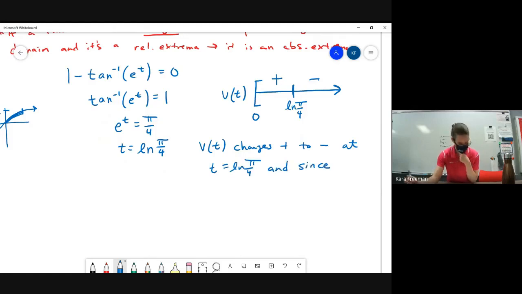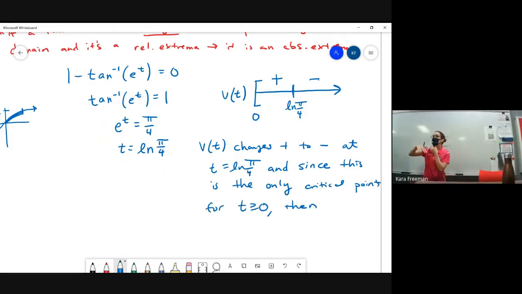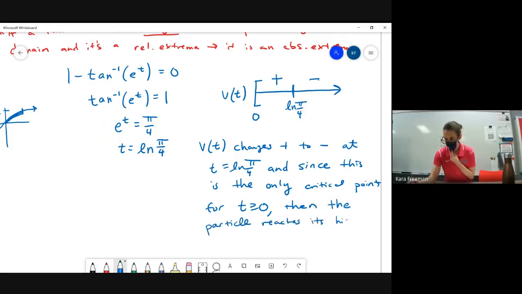And since this is the only critical point on the domain, for t greater than or equal to 0, then therefore it must be the absolute. And I'm going to rephrase it the way the question phrases it: the particle reaches its highest point at t equals natural log of pi over 4.